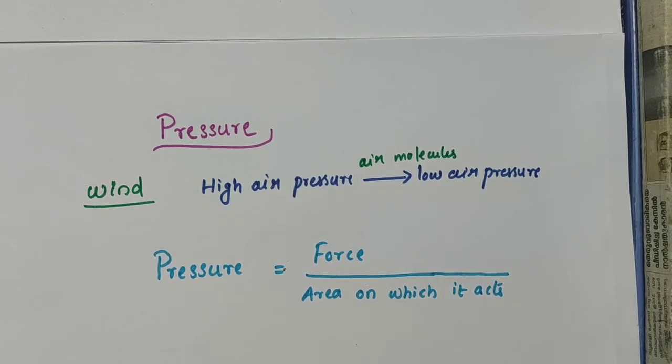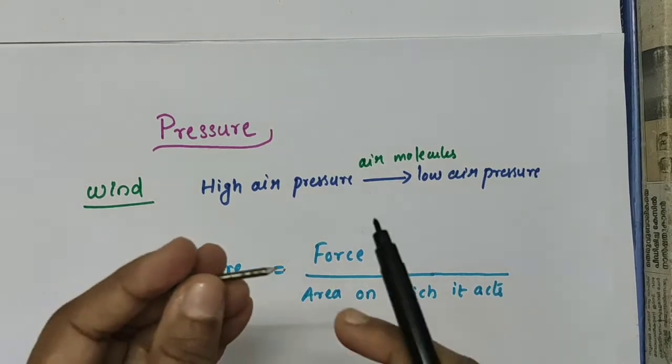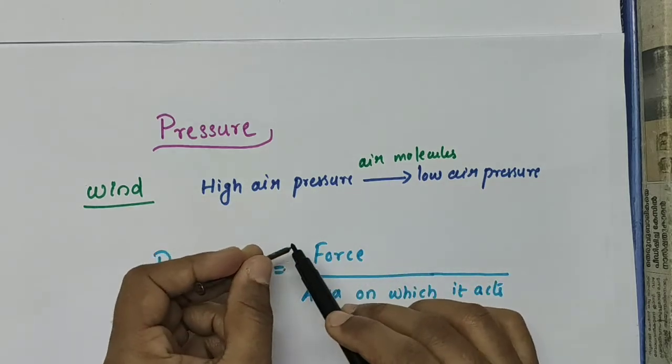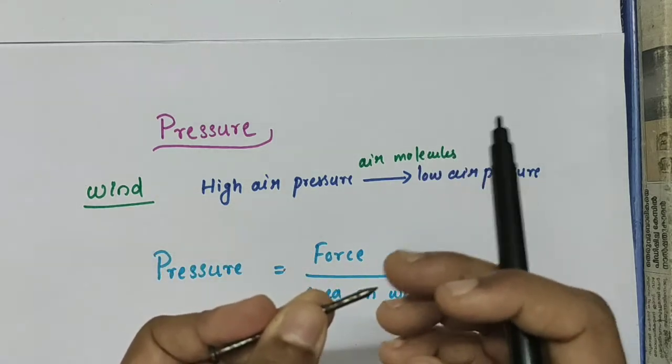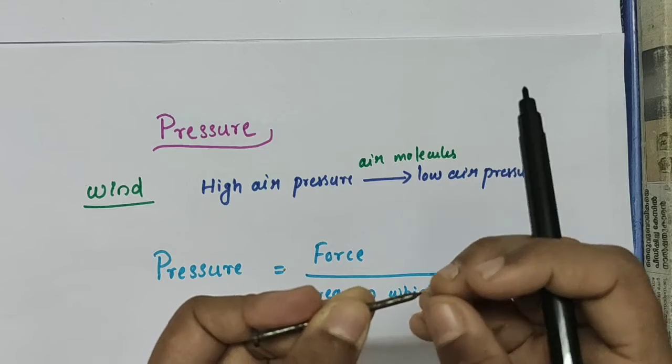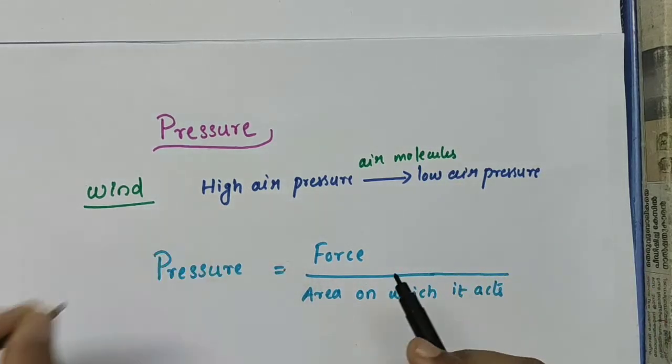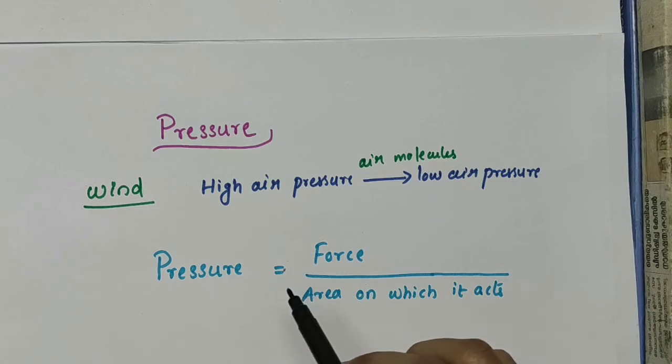When we place this pointed end on a hard surface, the area of contact is less because the pointed end has less area. When area decreases, in this expression for pressure the denominator decreases.